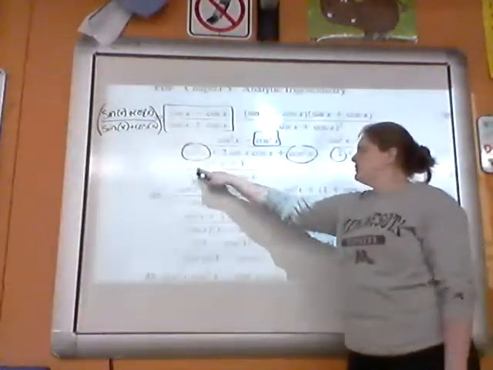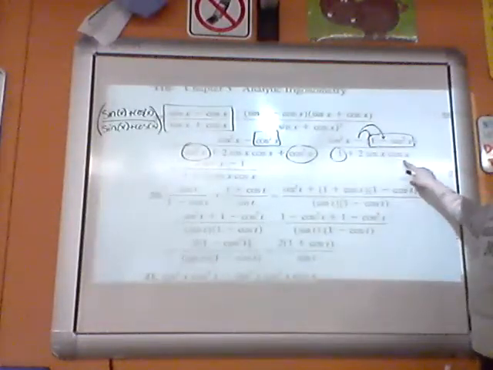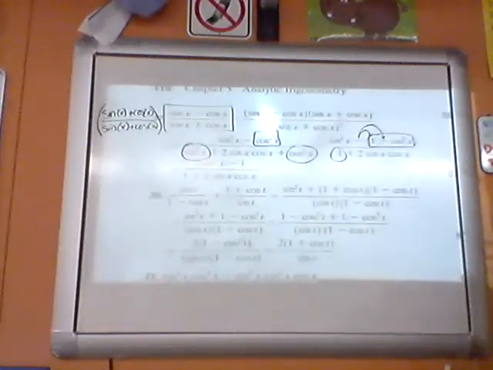So you get 2 sines and -1, and then the bottom is still what they wanted it to be, 1 plus 2 sine x cosine x. So distribute the negative and combine like terms on top. That's why they get the next step.